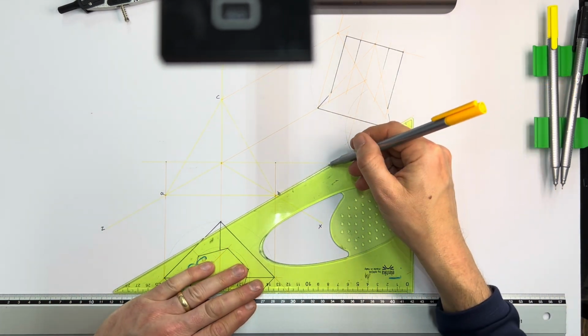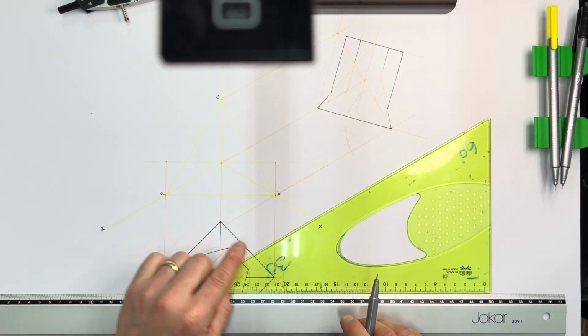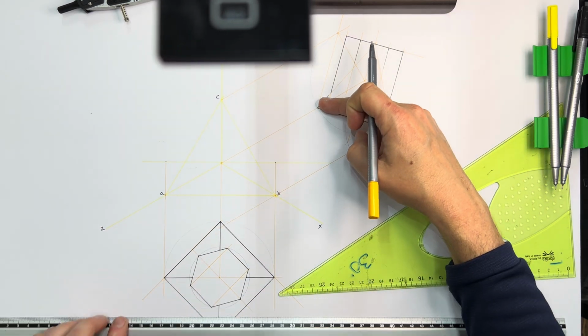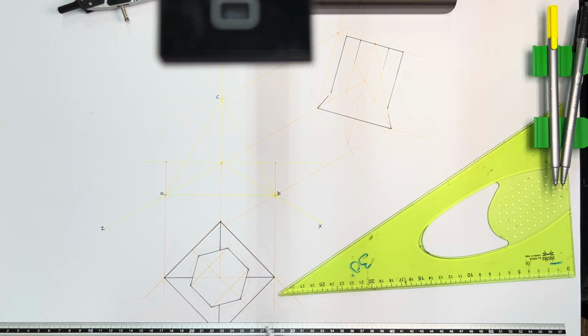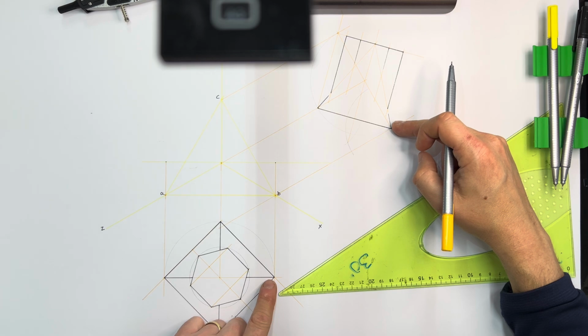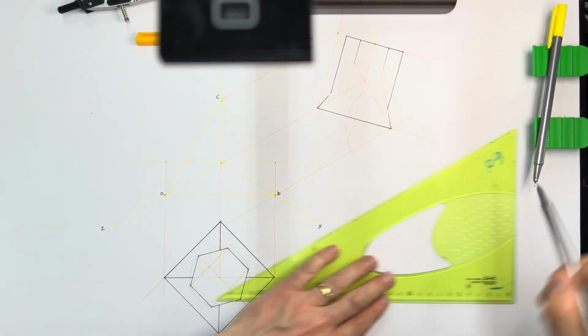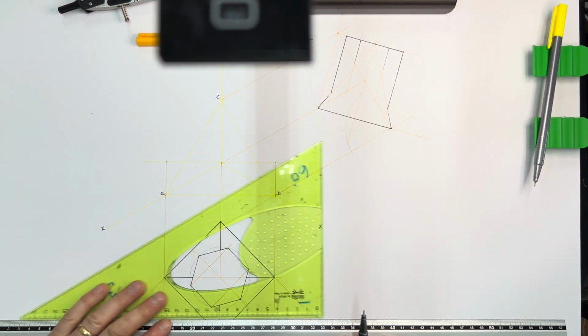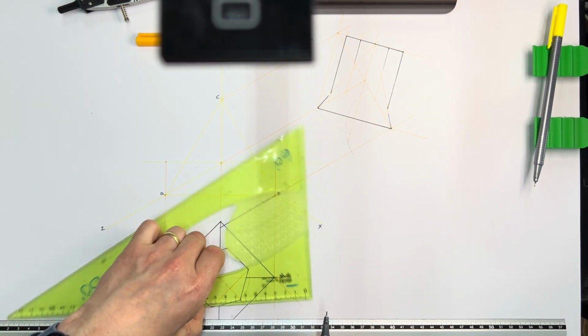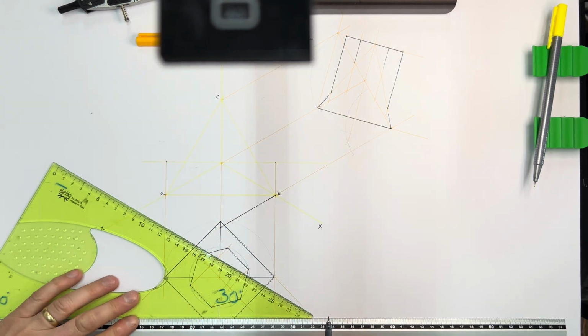This point here, I'm just going to extend it down to the middle line. So that's that point. And then this point meets it. So that point, they meet, that's one point. They meet there, and they meet there. So that's the information, all the information I need to draw the two ground lines that are visible in this pictorial view.